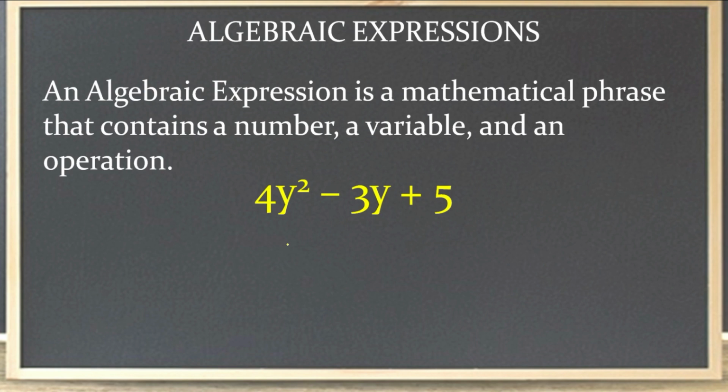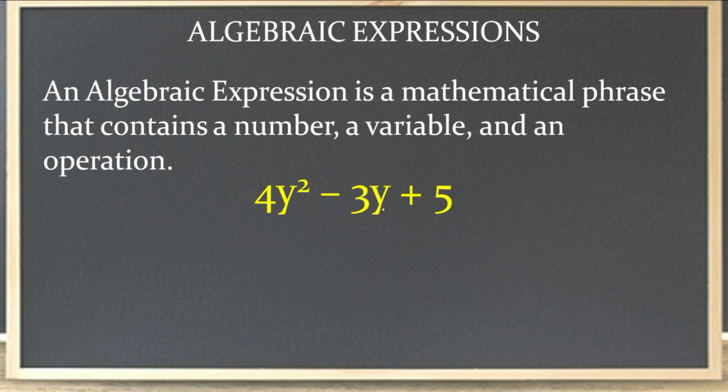So this is a mathematical phrase, and this is an example of an algebraic expression because it contains a number, it contains letters, it contains mathematical signs or operations. Okay, so for the letters, there's a particular name that we call letters when they appear in an algebraic expression. We call them variables.